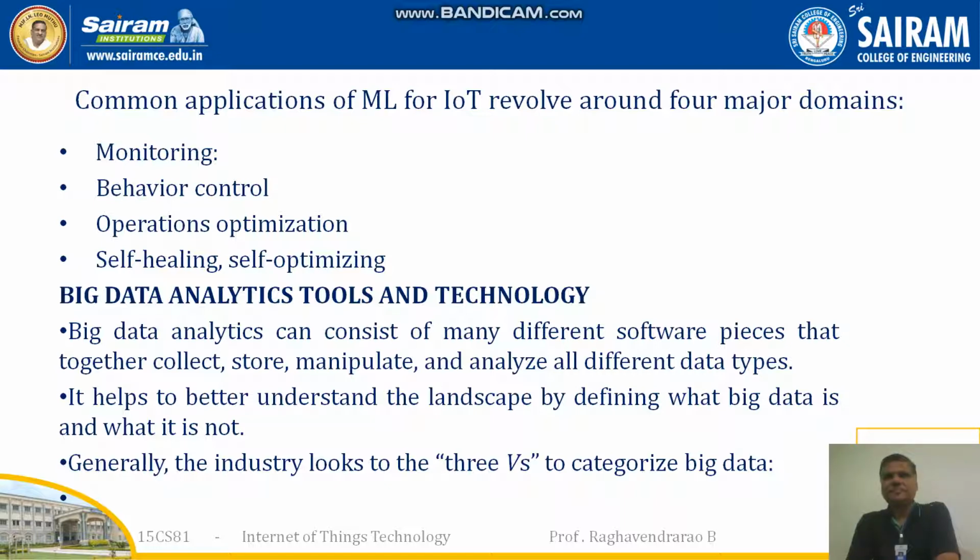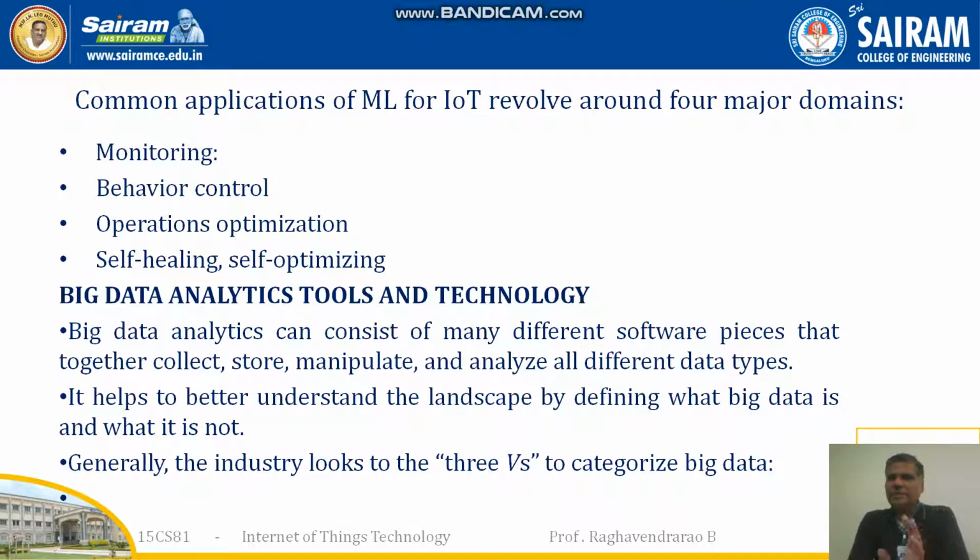Let us see the big data analytics tools and technologies, how that is going to perform. Big data analytics can consist of many different software pieces that together collect, store, manipulate, and analyze. These are the four important tasks.